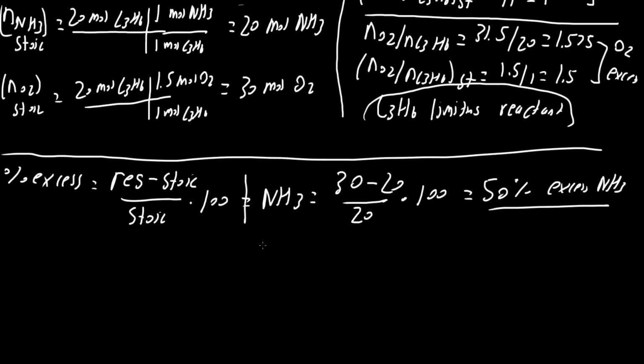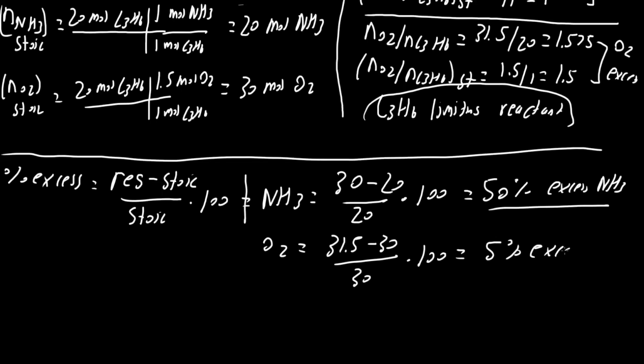And then next we will do the exact same thing for oxygen. So regular was 31.5 minus 30 divided by 30 times 100, and that's going to give us 5% excess oxygen. So now we have that.